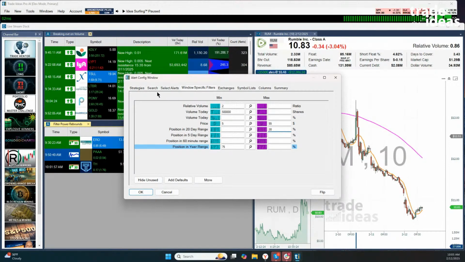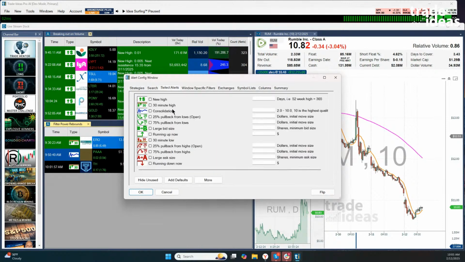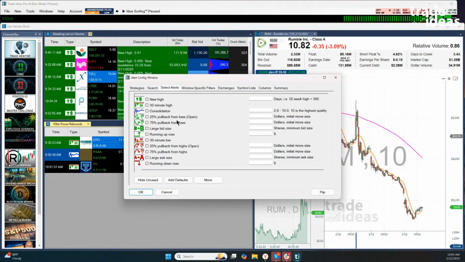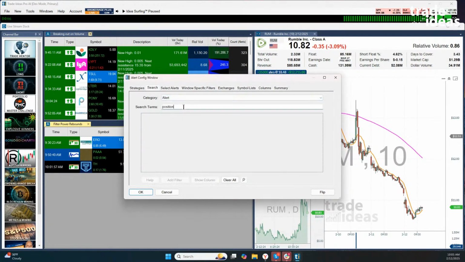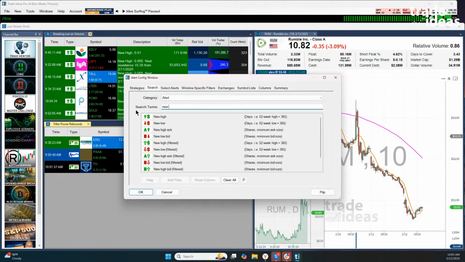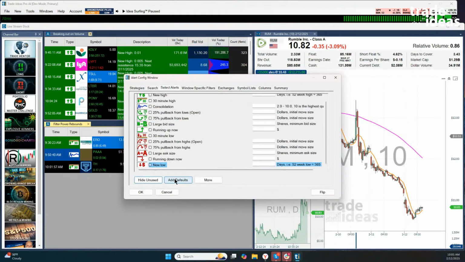Okay. And in terms of alerts, there's just so many different things that you can do. Let's go to search, alert, and I'm going to say new low. Because what I want to see is it's kind of like a turn.